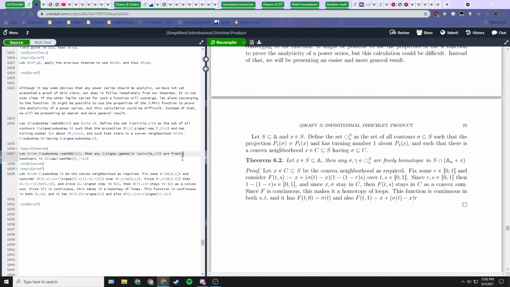Okay, so let X be in C, subset S be a convex neighborhood, and so on. Fix a point r in (0, 1). Consider the function.